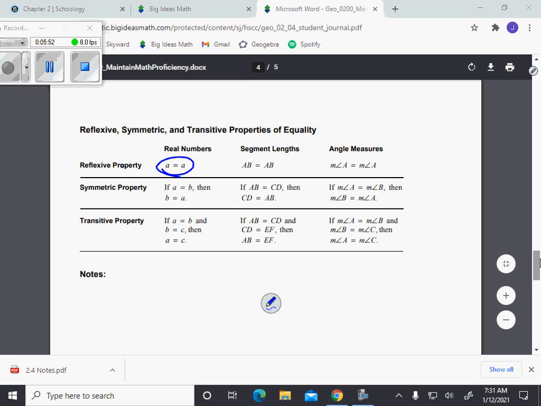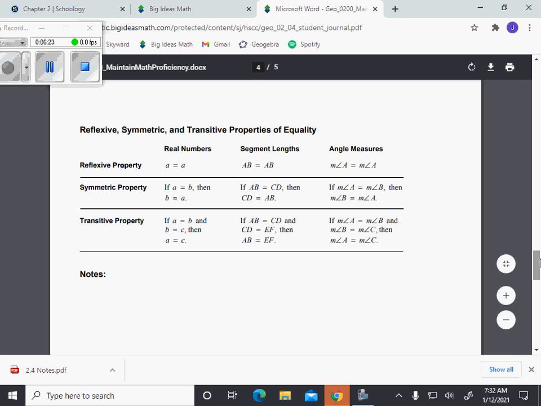We have AB equals AB, or the measure of angle A equals the measure of angle A. And when you see your own reflection, you see yourself. That's the reflexive property. Both sides of the equal sign have the same thing. The symmetric property: if A equals B, then B equals A. It kind of flips on both sides of the equal sign. A and B flip.